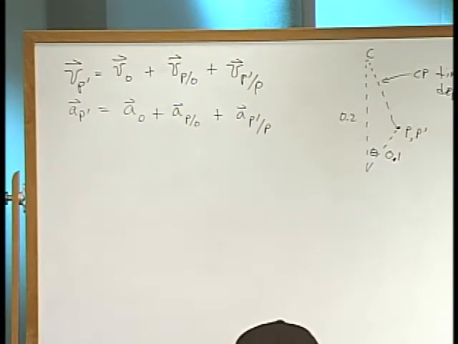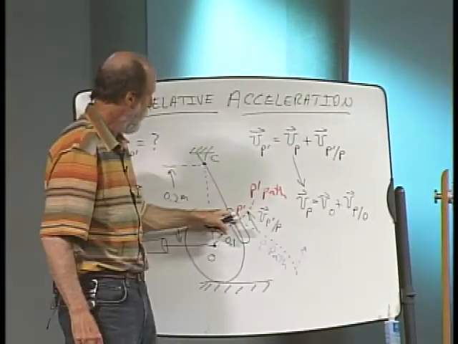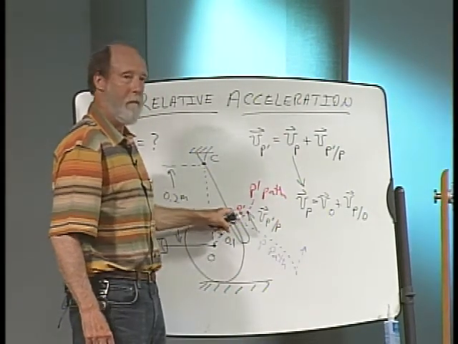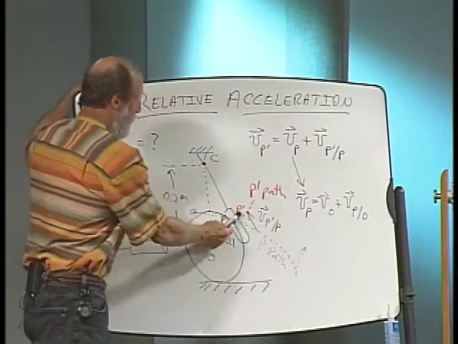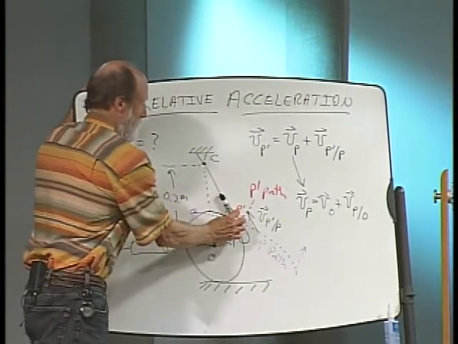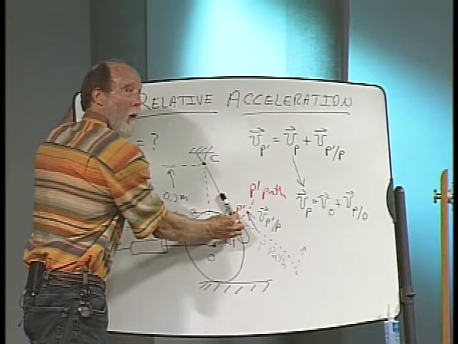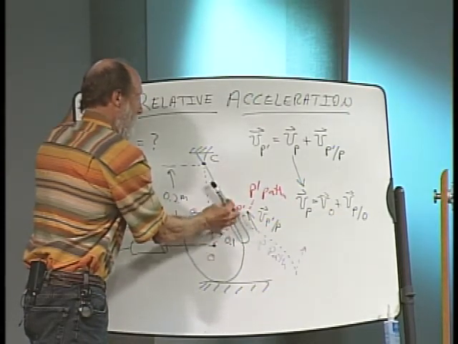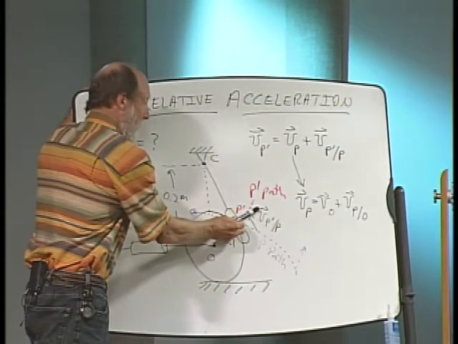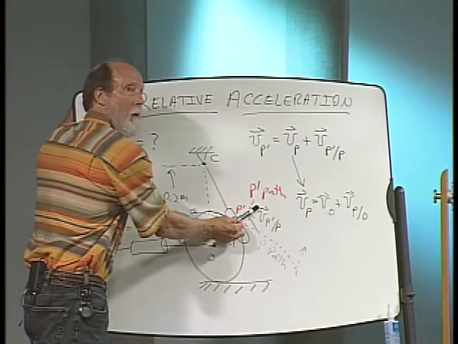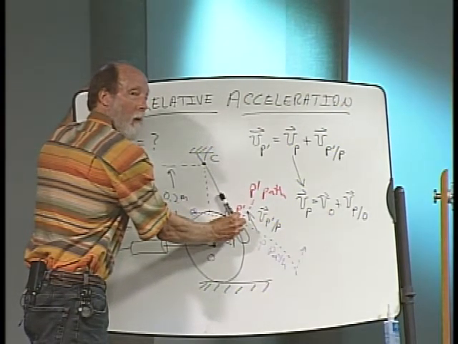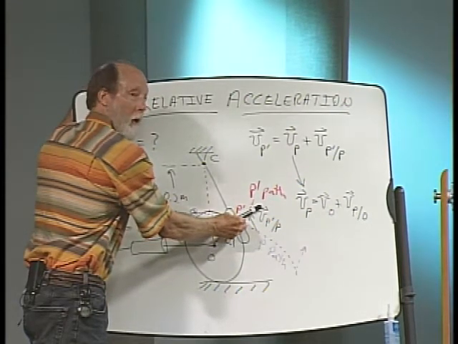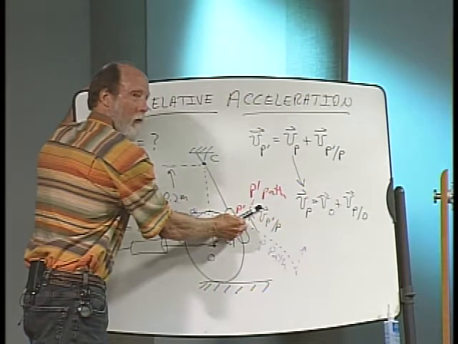What direction is the acceleration of p prime going to be? Along this line, isn't it? Is that all of it? It might have a tangential. It's got a normal pointing back towards its rotation center, but it's also got the probability of a non-zero tangential acceleration.